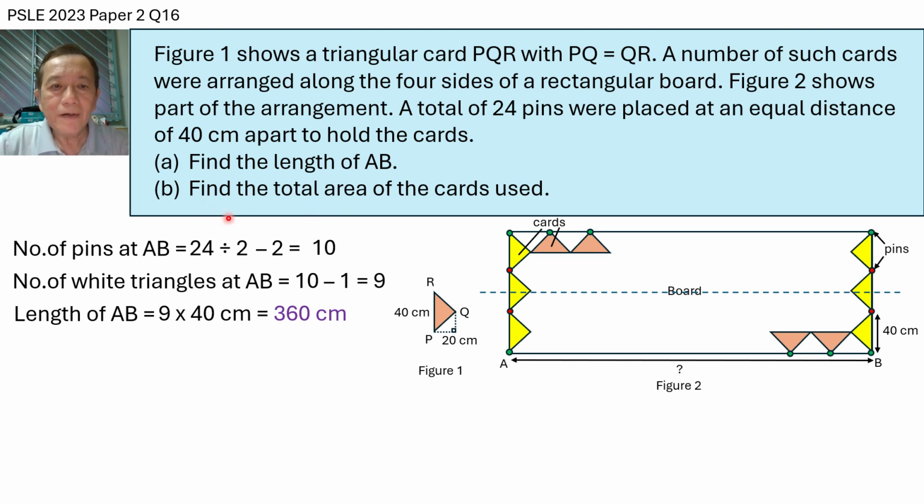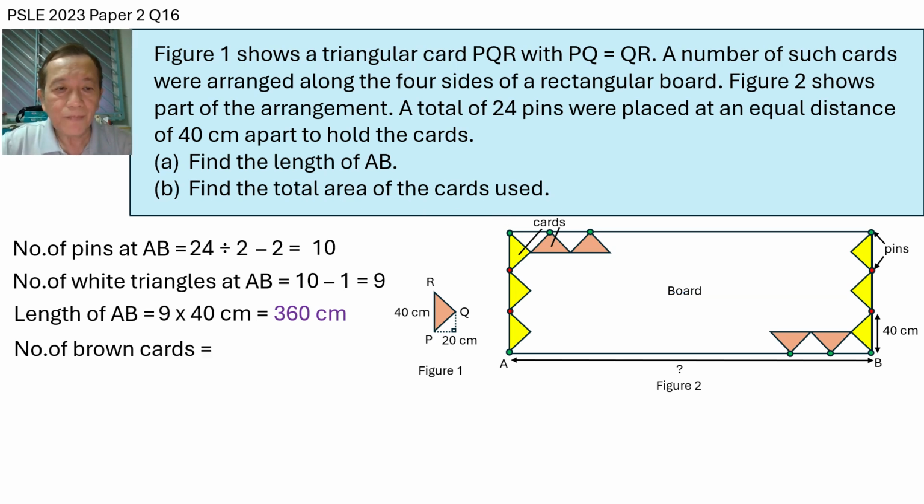Part B, find the total area of the cuts used. So we first find the number of brown cuts along here and here. It's 8 times 2, because if there are 9 white triangles, there will be 8 brown cuts.